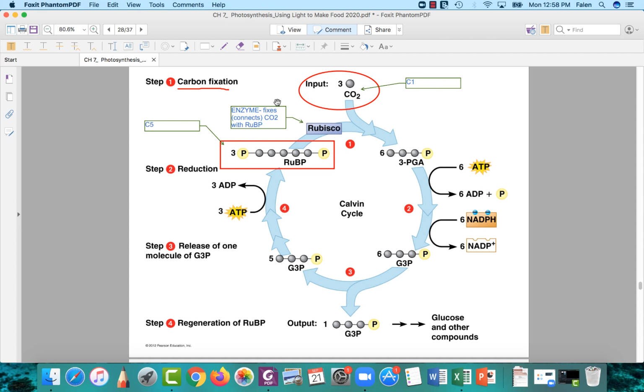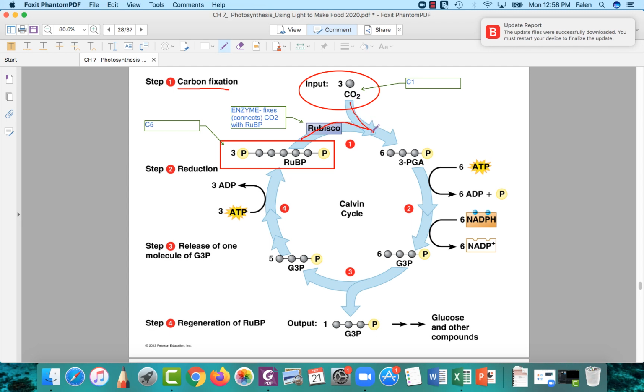That's what it does. Now, this is an important enzyme. If I remove Rubisco, the Calvin cycle cannot operate at all. Okay, so the very first step is RUBP is connected or fixed to CO2.